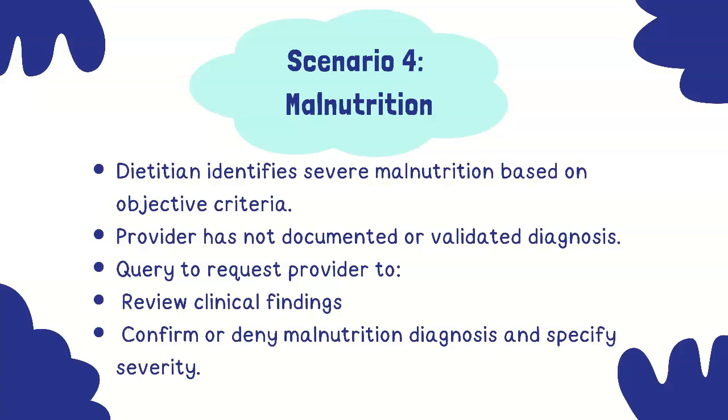Coding rules state malnutrition can only be coded when documented by a licensed independent provider. So, a compliant query would request the provider to review the clinical findings and clarify whether they clinically agree with the diagnosis of severe malnutrition.